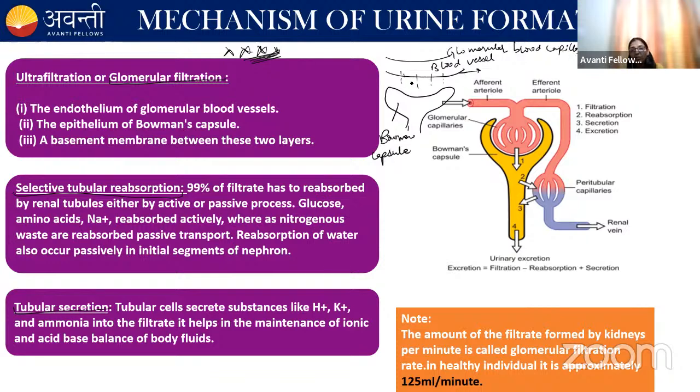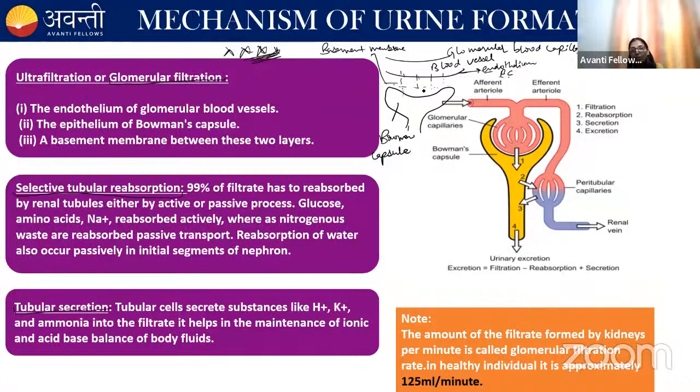First they will pass the endothelium of the blood capillary. Remember this. This is the basement membrane. Now the components which have crossed the endothelium of the blood capillaries will pass this basement membrane.